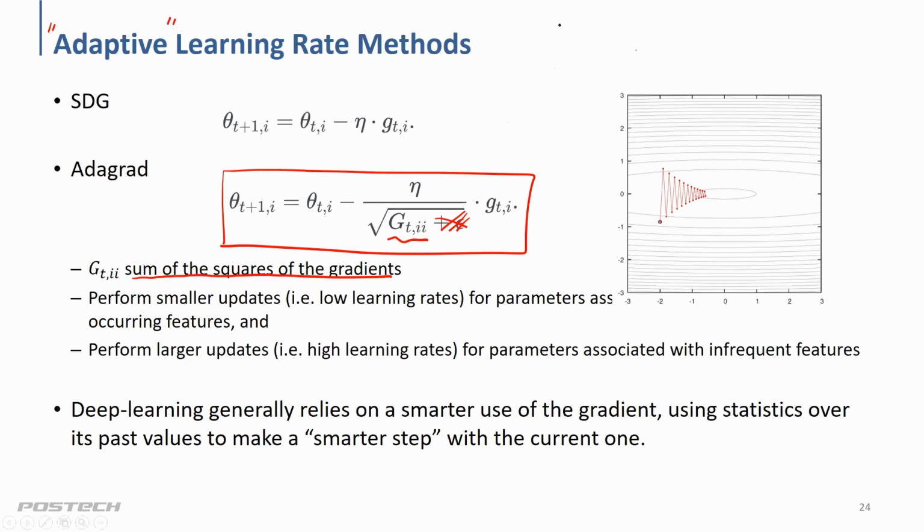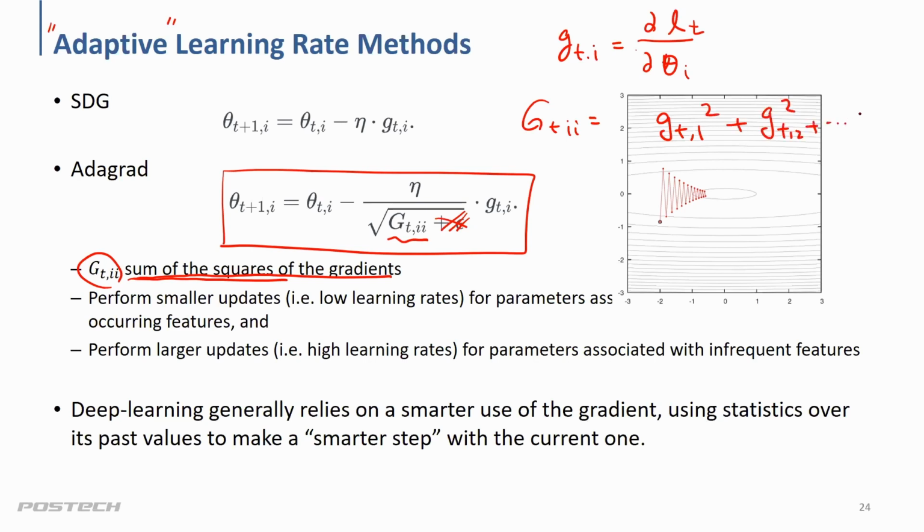And suppose we have the gradient with respect to theta i of those functions at time t, and this one is the sum of squares. So it will be something like the first gradient squared, and so on.